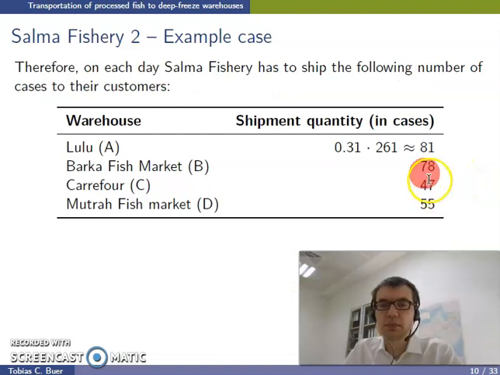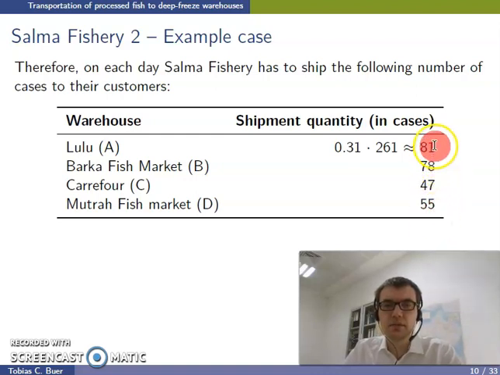So, given the percentages and the total number of cases, this means that we have to provide Lulu with 31% of our production of 261 cases. This is roughly 81 cases. In this case, of course, we are only dealing with integer numbers.